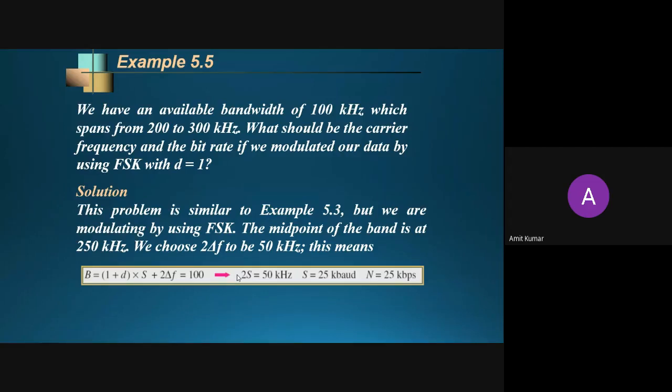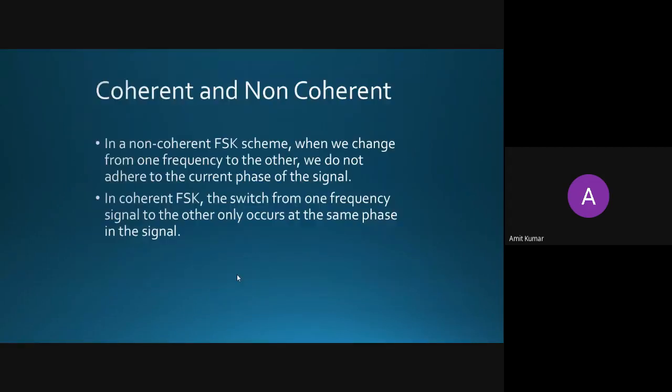Okay, we should move to the next thing. So we are having two types of FSK available. One is coherent and the second one is non-coherent.